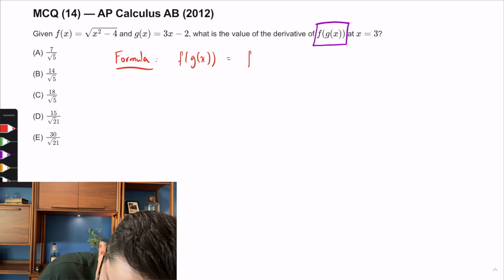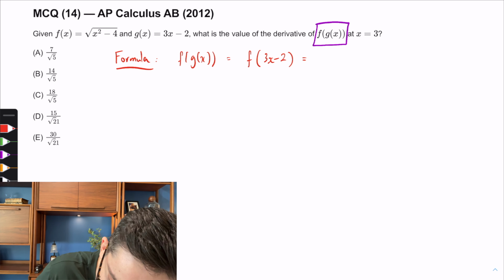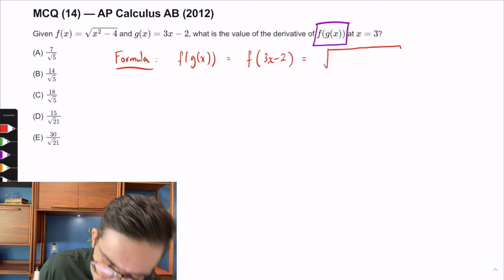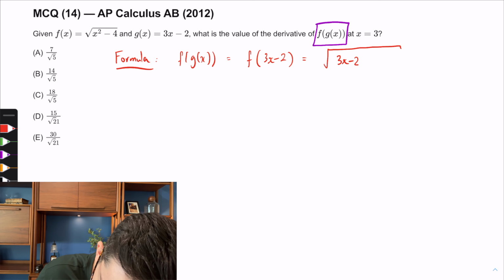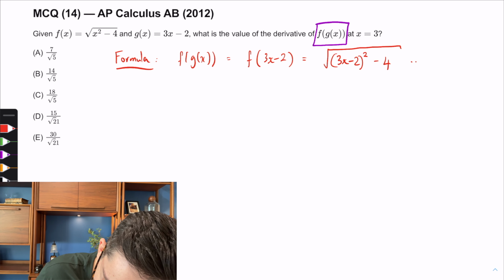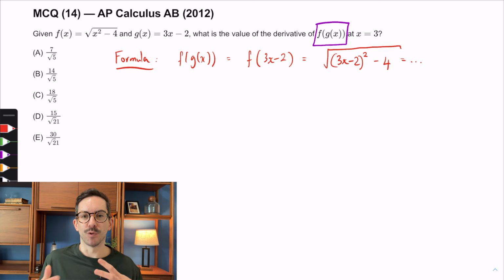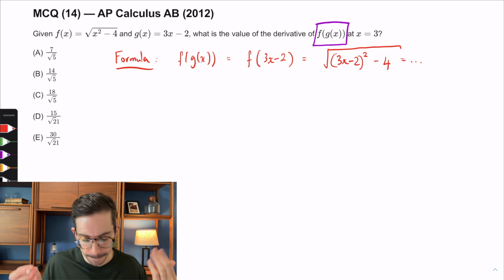So f of g of x will be f of 3x minus 2. If I then substitute that into the rule for f, I get the square root of 3x minus 2 all squared minus 4. I would want to tidy that up a little bit before I apply the chain rule to it, but I could find a rule for the derivative of f of g of x and plug in x equals 3 to get my answer.